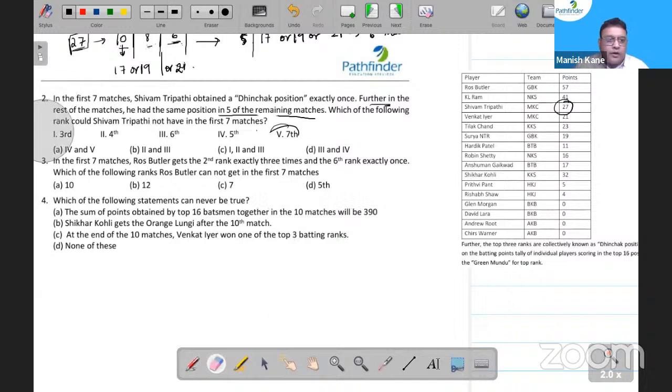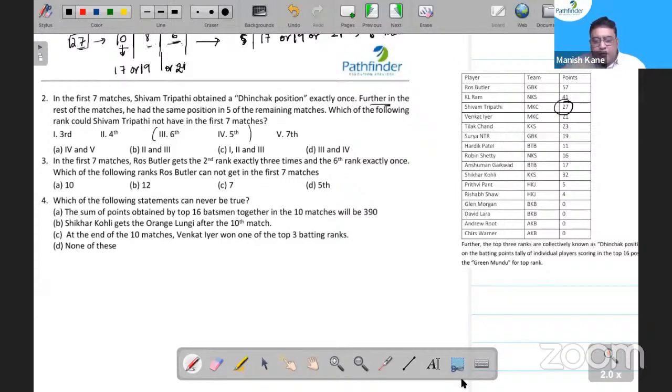Let us go to the third question. Somebody says, I think it is D. Who says, Prathamesh? Prathamesh, 3 and 4 can be obtained, no doubt about it.